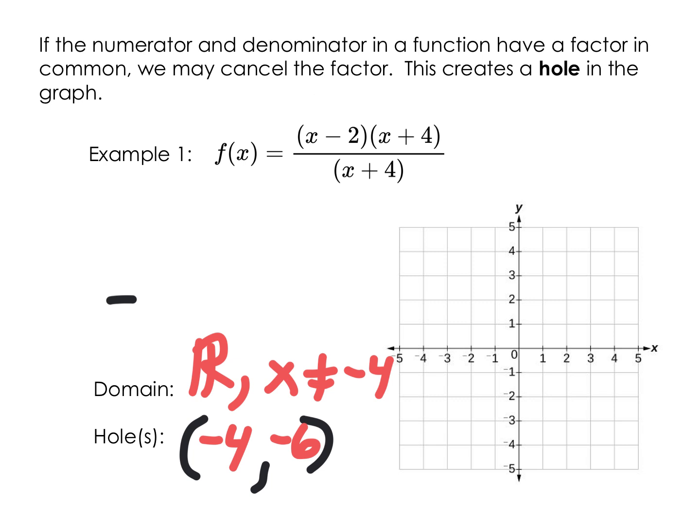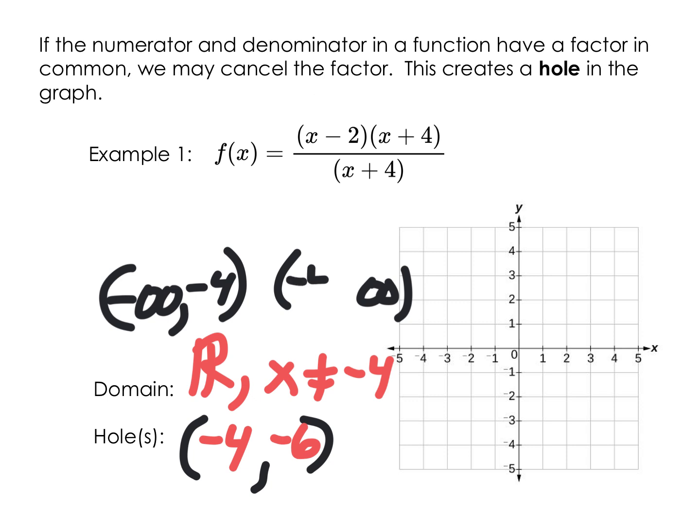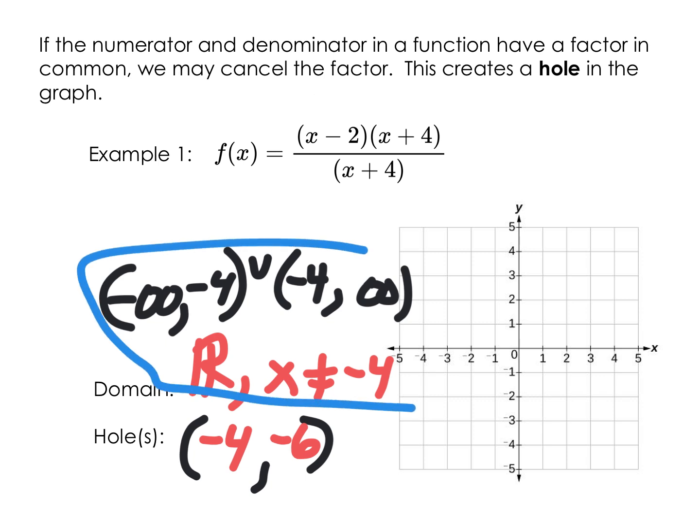Alternately, you could say it works from -infinity until infinity, but along the way, you'd hit -4 that it can't be. And then it starts working again after -4 all the way to infinity with a little union sign. Two alternate ways to write your domain. I don't care, unless on the test it says, must use interval notation. Then you'd have to use the way I wrote in black.